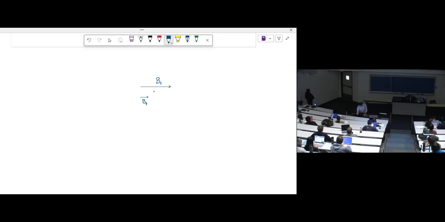And so if you want delta B, which is B final minus B initial, so that's going to be, let's see, B final looks something like this, minus B initial, so it's going to point like so. That means delta B points like so, to the left.